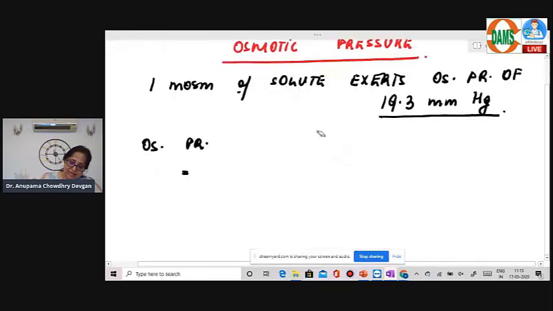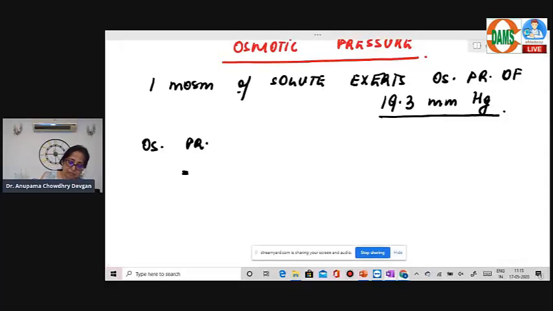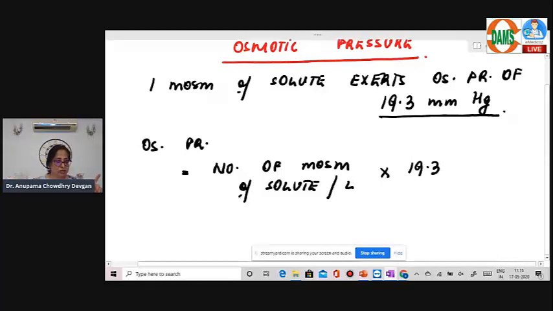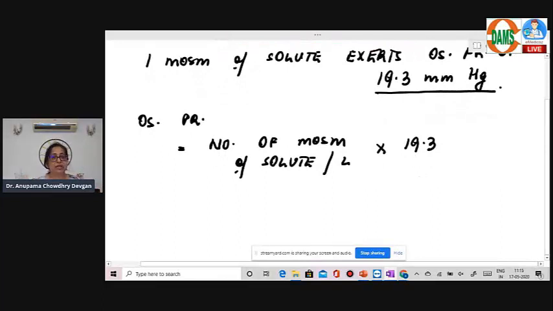First, let's discuss what the formula for osmotic pressure is. Osmotic pressure would be the number of milliosmoles of solute per liter into 19.3. Why into 19.3? Because I've just told you that 1 milliosmole of any solute will exert an osmotic pressure of 19.3.